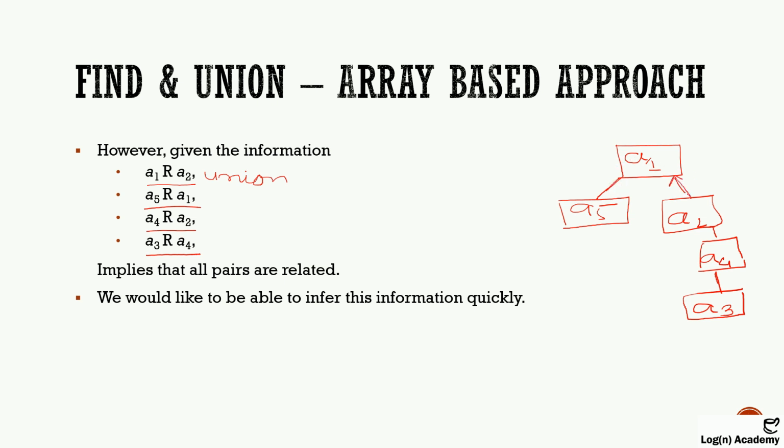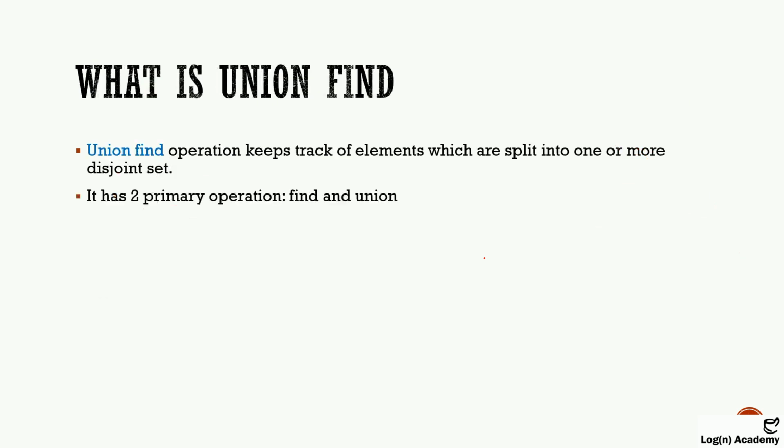You can say it's something like this. We have the root for A2 as A1, so we need to define a root also. We represented this in this format. So we have the union find operation. Find searches for the element, and union is used to group the elements. The union find operation keeps track of elements which are split into one or more disjoint sets.